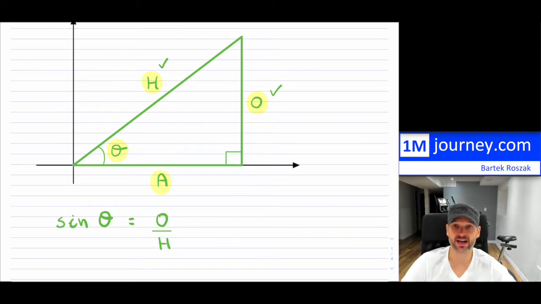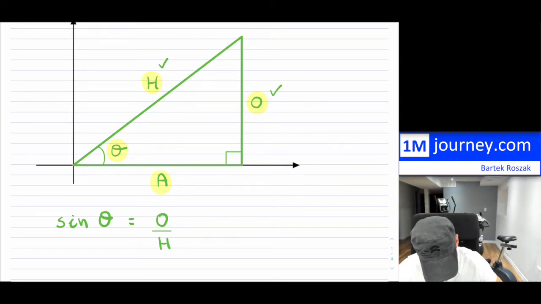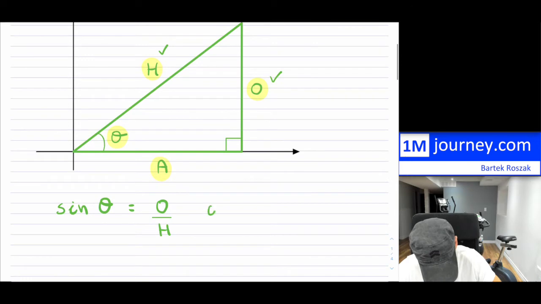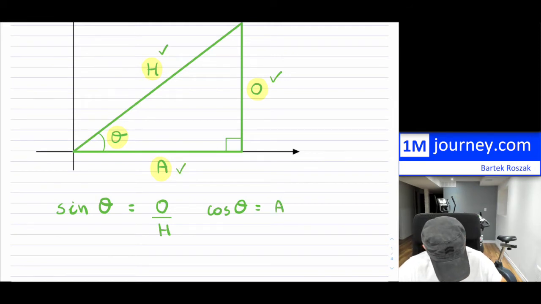That is how sine of the angle is defined. So it's just simply a ratio that we can write. Now, we can also define cosine. So cosine of an angle is defined as the ratio of the adjacent side divided by the hypotenuse.